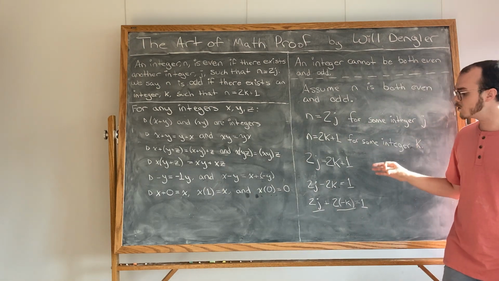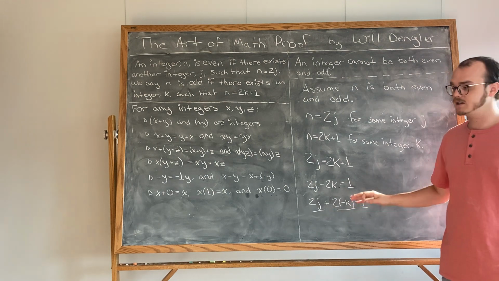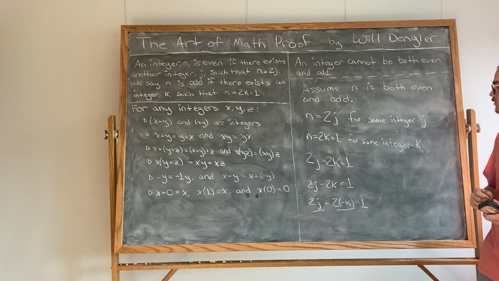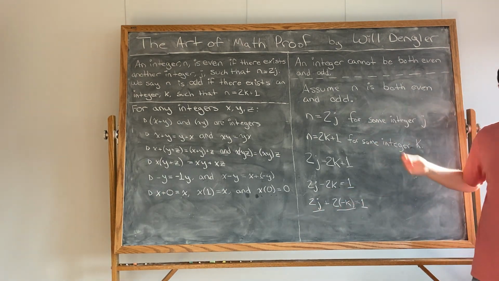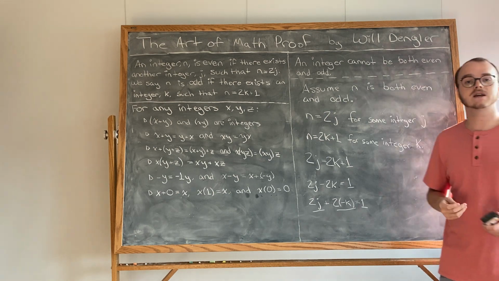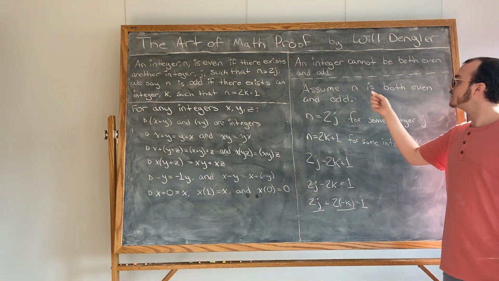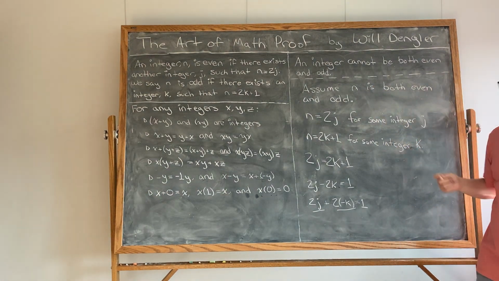And in doing so, we arrived at the fact that 1 would have to be even, which we know is impossible. So if we were to go from the bottom of this proof and backtrack up to where we made a mistake, we will find that our mistake was made in our assumption that n was both even and odd, and therefore our assumption was incorrect.